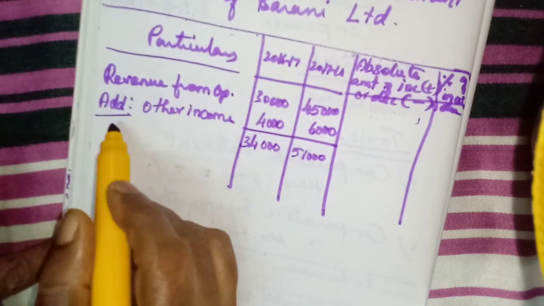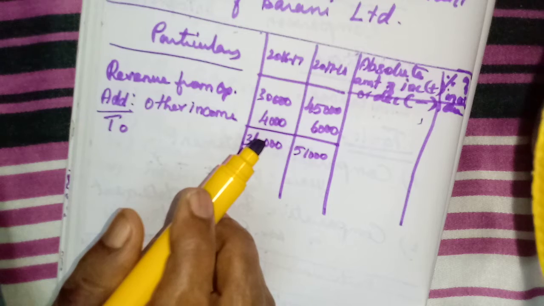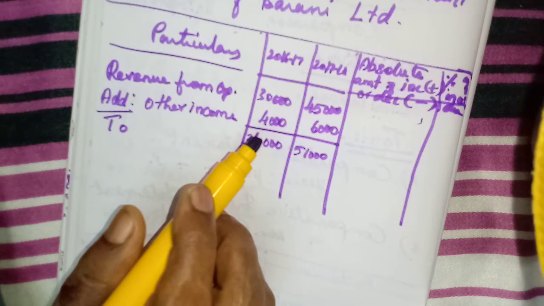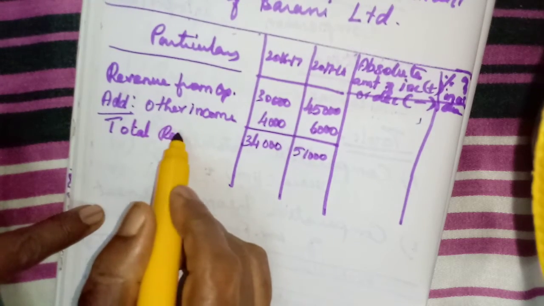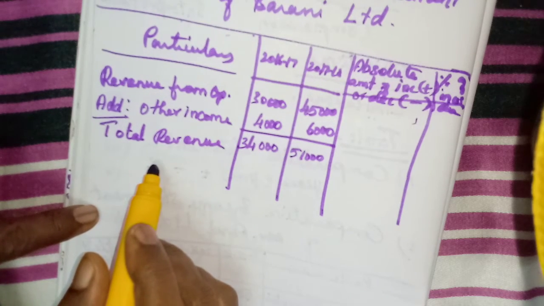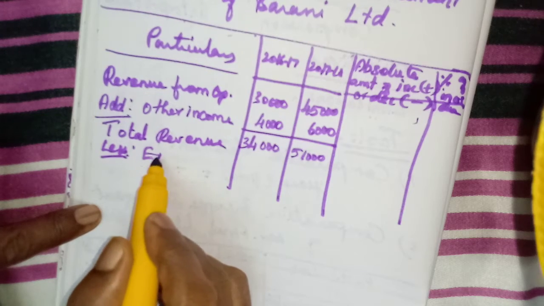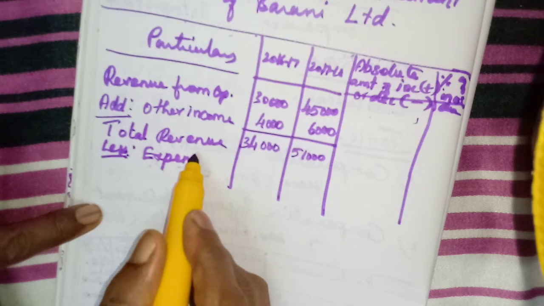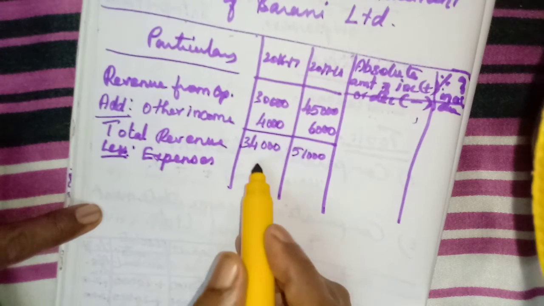This is total revenue. Then less expenses, 10,000, 15,000.